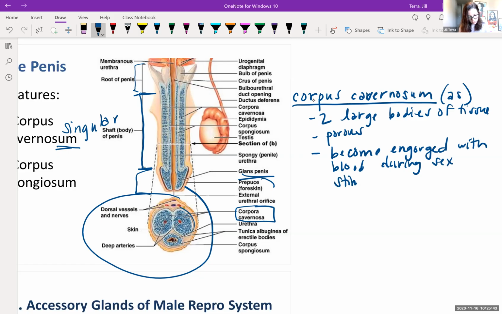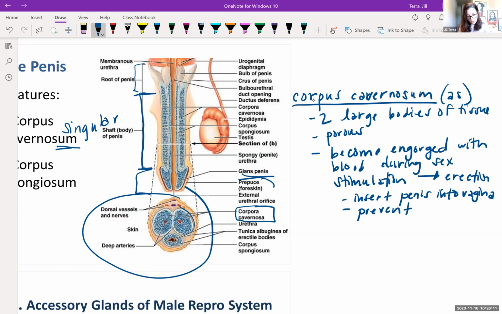And so that engorgement then causes an erection, which is important because that provides the erection to insert the penis into the vagina, obviously. But it also helps prevent the urethra that's running through it from collapsing.